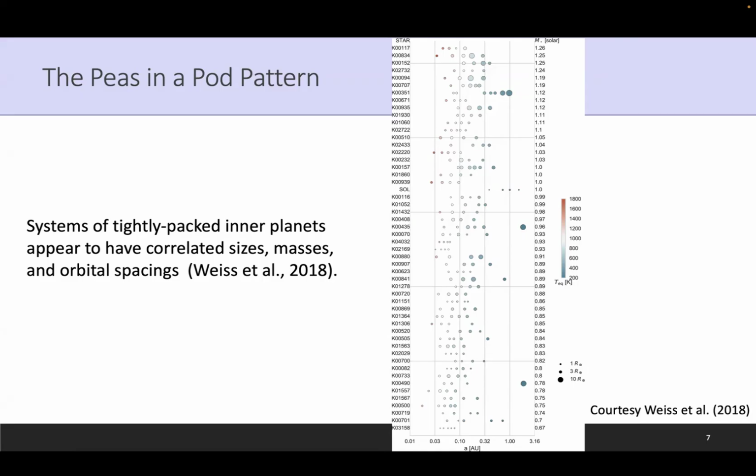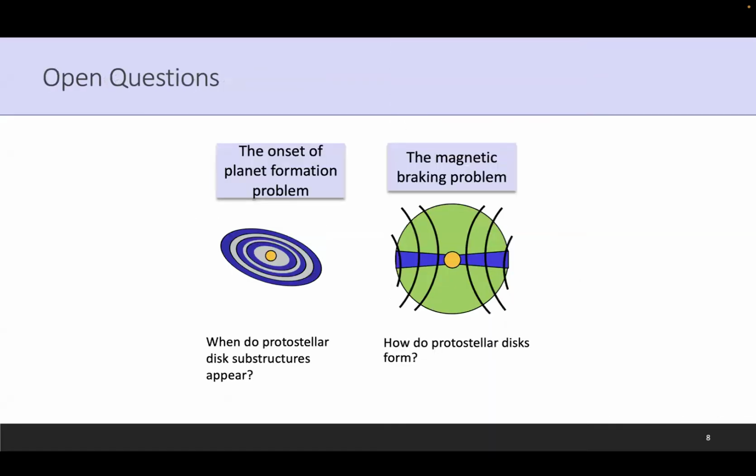If you look at these Kepler-discovered planets, they seem to be evenly spaced and have similar size and mass. So to explain these planetary observations, it is important to study their formation.